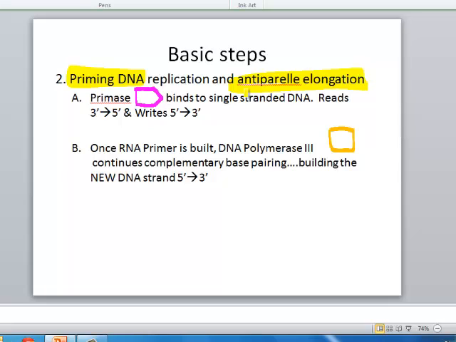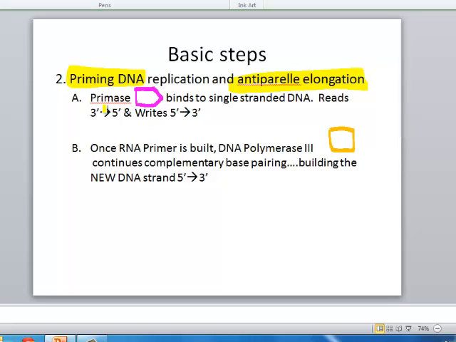So we have to prime and then elongate. Once we open up some more of the helix by continuing to open up the replication bubble, prime and elongate, prime and elongate. But elongation is anti-parallel, leading to the formation of leading strands and lagging strands, which we will talk about.